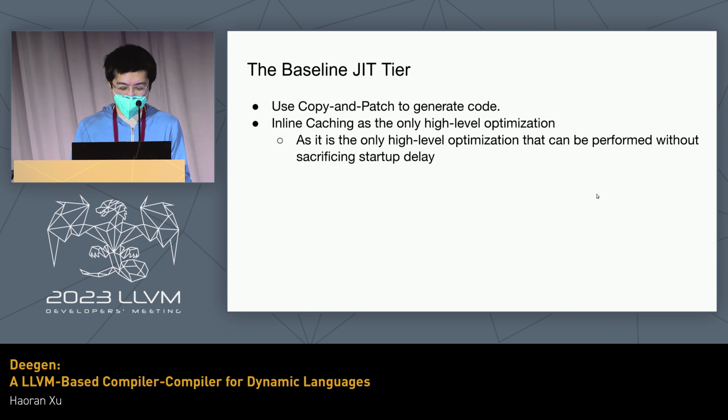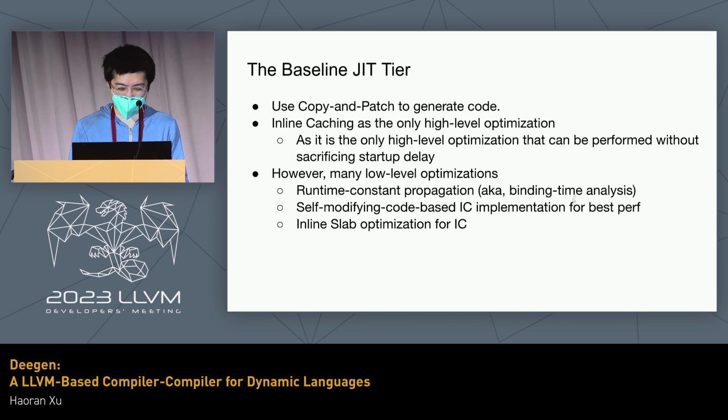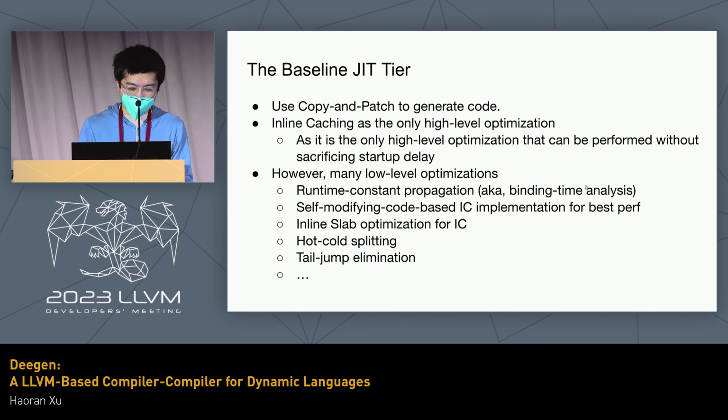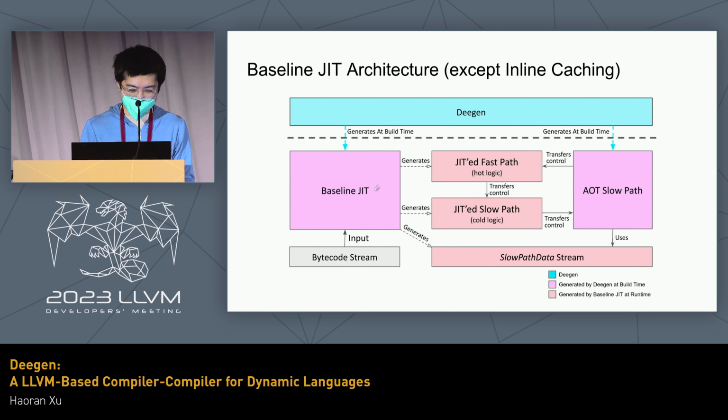To get a slightly more concrete view of the JIT: the JIT at runtime takes in the stream of bytecodes as input, and it generates two pieces of JIT code, the hot logic and the cold logic. And it also statically generates the slow path.